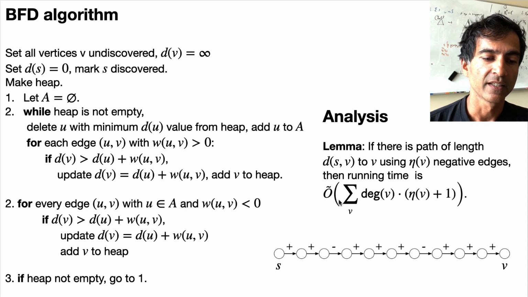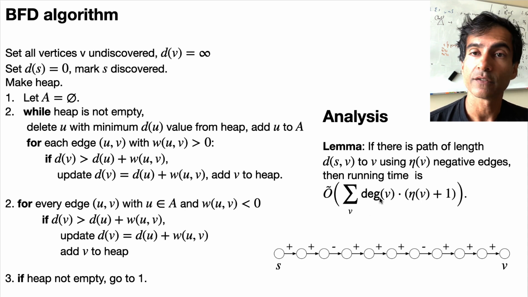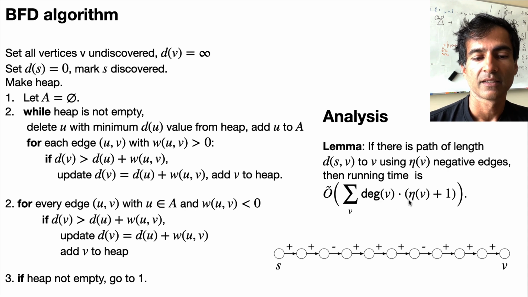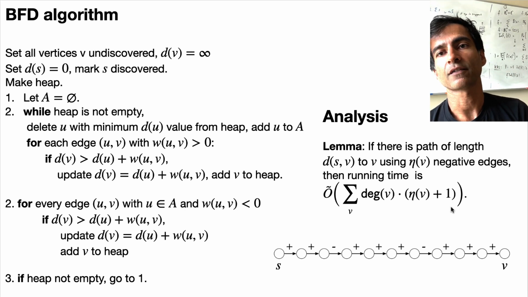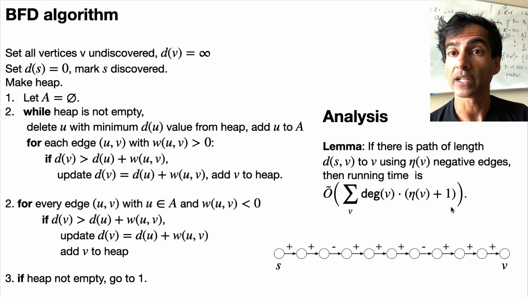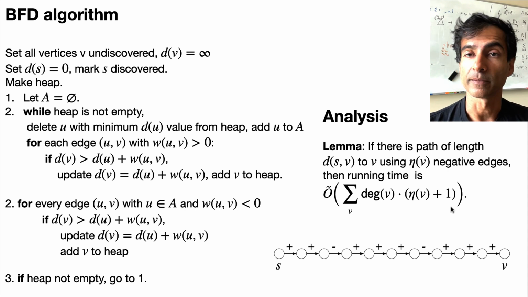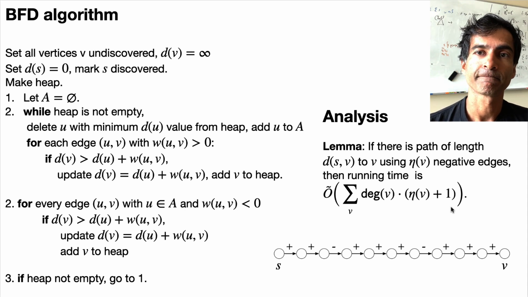In fact, it's the sum over all v of the degree of v, namely the number of edges touching v, times eta of v plus 1. So if you know that every vertex has a shortest path from S to V that gets there with few negative edges, then the algorithm is fast. Okay.